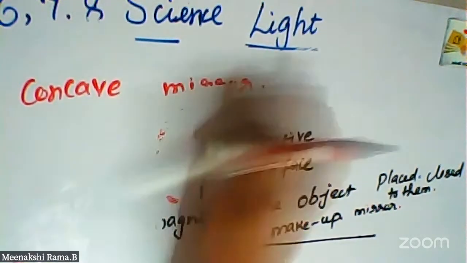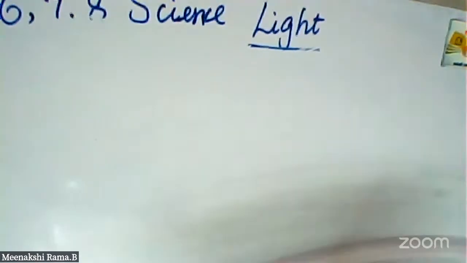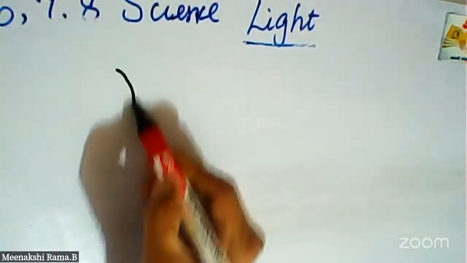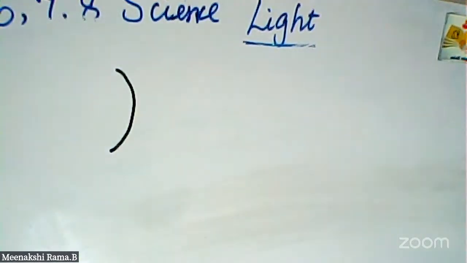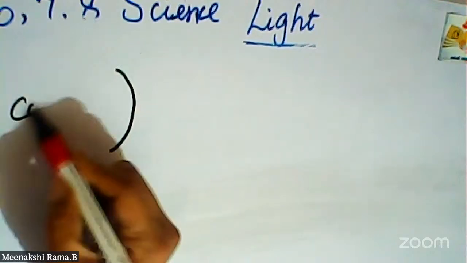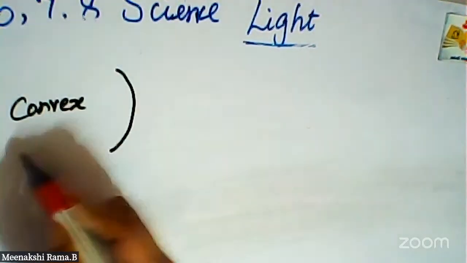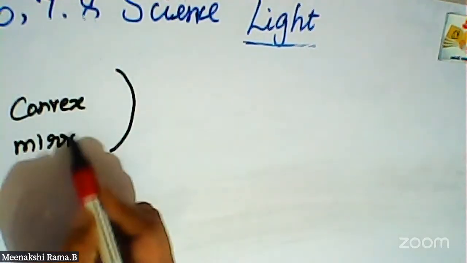Another one is the convex mirror. The convex mirror shape is like this. Where is the reflecting surface?